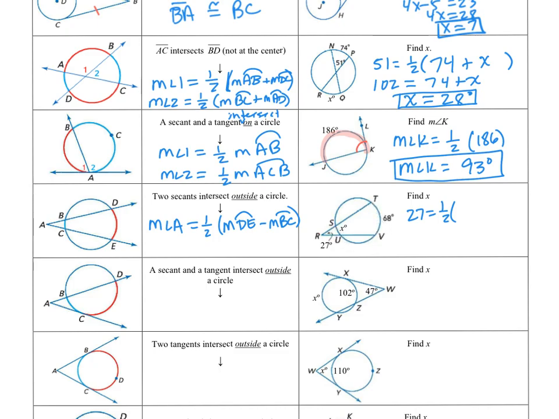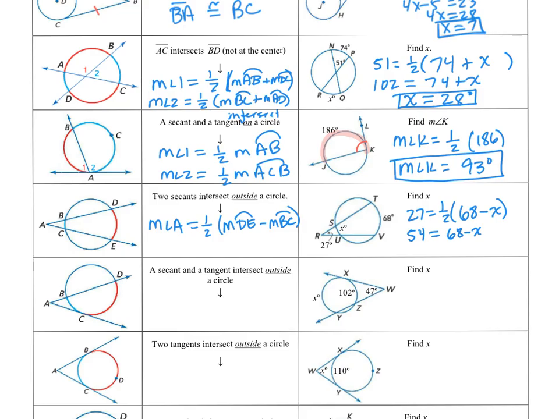So that would be 68 minus x. Okay, so let's solve this equation. Like a couple of examples ago, let's make the equation simpler by multiplying both sides by 2 and get rid of that fraction. So 27 times 2 is 54. So 54 equals 68 minus x.